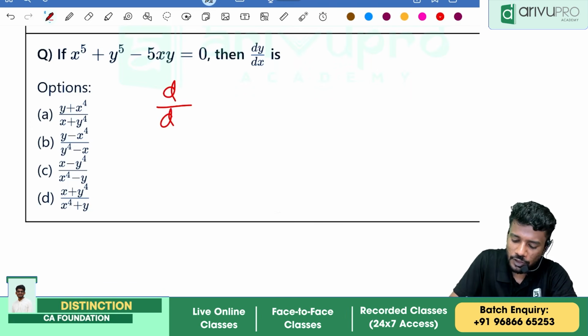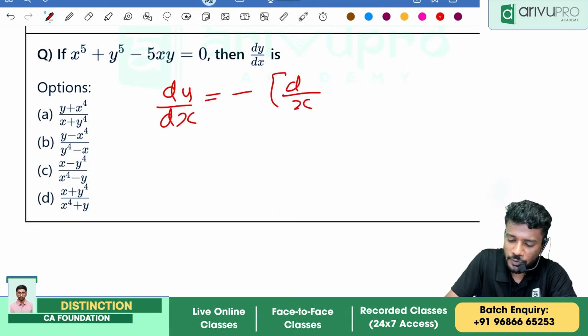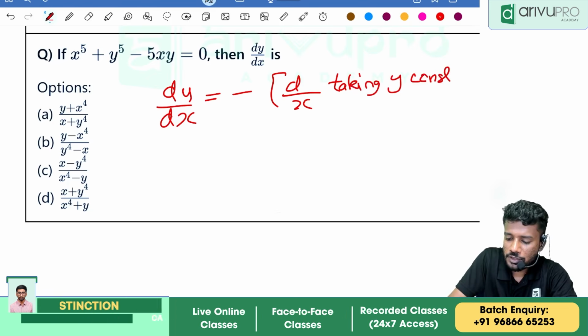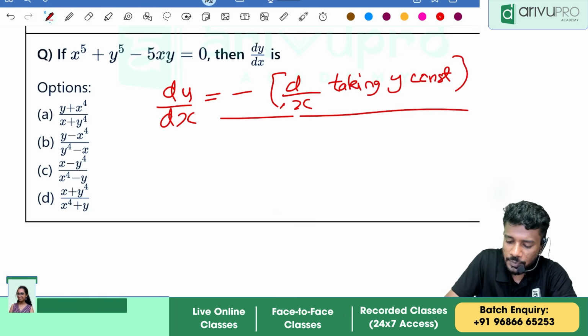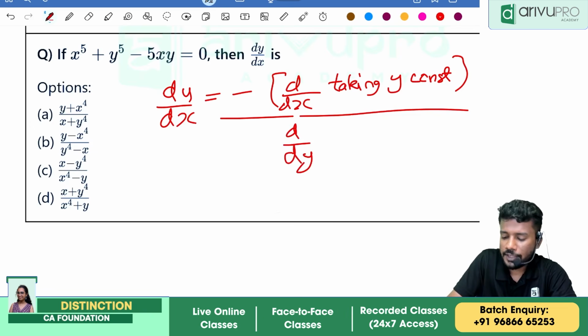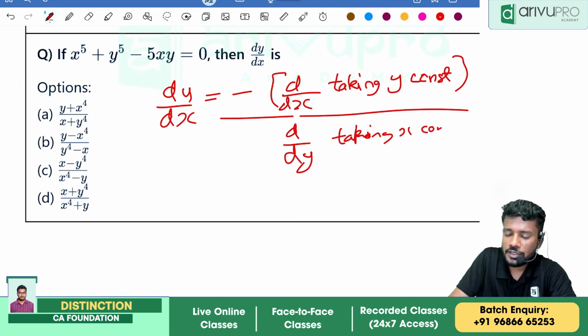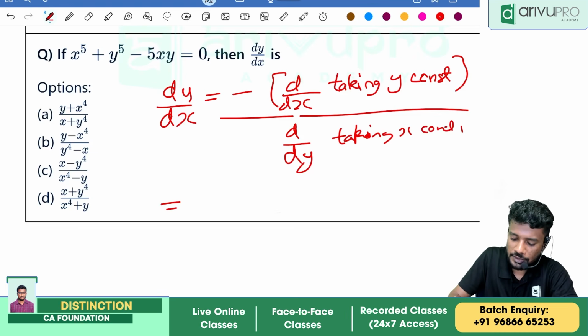We need to find dy by dx. I'll write the formula: minus of the derivative with respect to x, taking y as constant, and then the derivative with respect to y, taking x as constant. Now you tell me the answer.